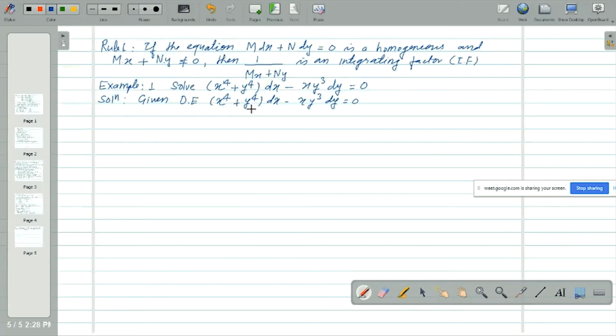तो फर्स्ट एक्सप्रेशन इज होमोजीनियस, सेकेंड एक्सप्रेशन इज होमोजीनियस, होमोजीनियस प्लस होमोजीनियस अगेन होमोजीनियस, और होमोजीनियस माइनस होमोजीनियस अगेन होमोजीनियस. Getting? Yes sir. So this is the homogeneous expression.